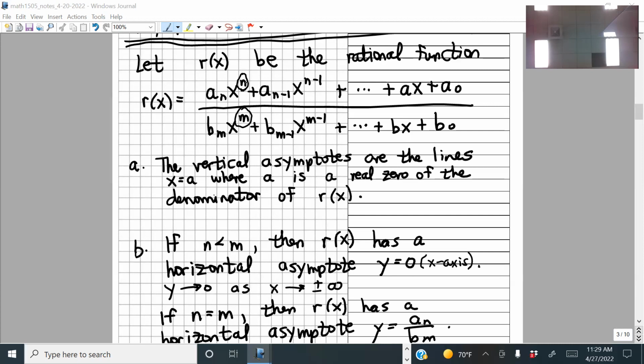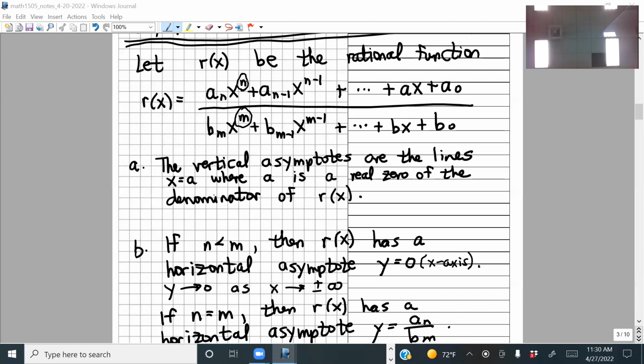If the degree of the top is less than the degree of the bottom, say you had x squared over x cubed, top less than bottom degree, then you do have a horizontal asymptote. The x-axis becomes the horizontal asymptote. The formula for the x-axis is y equals 0.